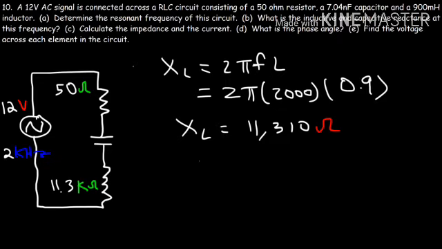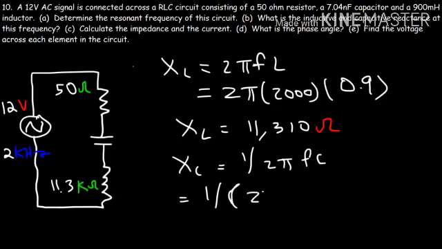Now let's calculate XC. XC is 1 over 2 pi FC. So in your calculator you can type it like this: 1 divided by parentheses 2 pi times a frequency of 2000 hertz times a capacitance of 7.04 times 10 to the minus 9.